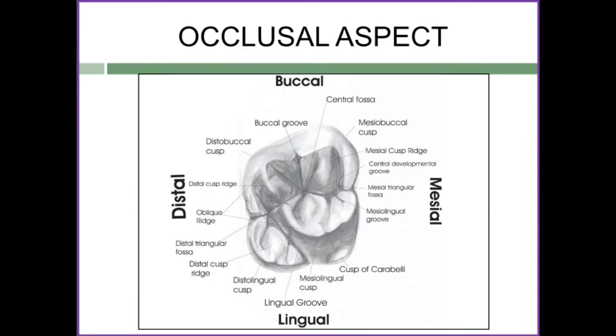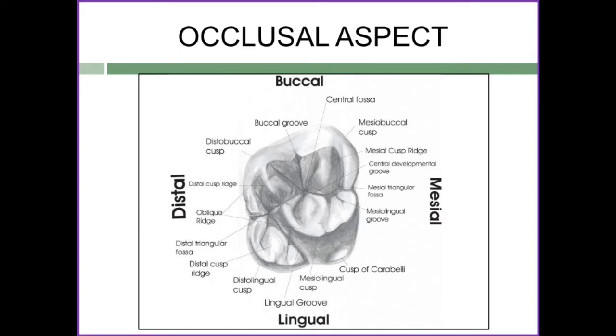The largest one is the mesiolingual cusp, followed by the mesiobuccal cusp, the distobuccal cusp, the distolingual cusp, and the smallest one is the cusp of Carabelli, or the 5th cusp, which is present on the mesiolingual aspect of the mesiolingual cusp. 4 fossae are present: 2 major and 2 minor.